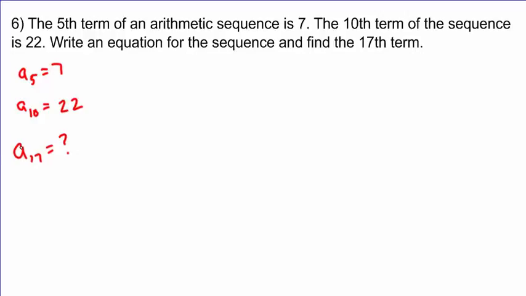So here's my suggestion. We know it's arithmetic. That's important knowledge. That lets us realize, hey, this looks like a line. Therefore, we could find essentially a slope, right? And so if we were to think about it in terms of slope, we could do 22 minus 7 divided by 10 minus 5, and that would be 15 divided by 5, or just simply 3.